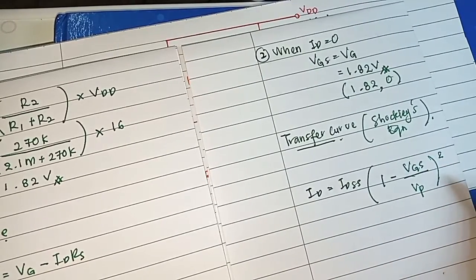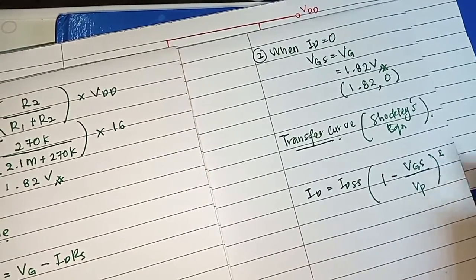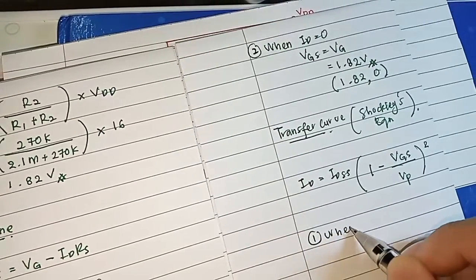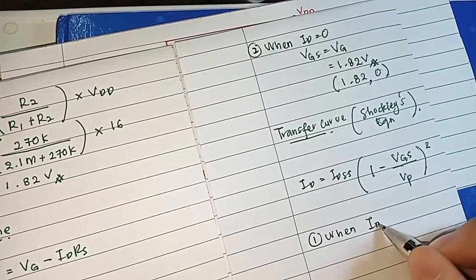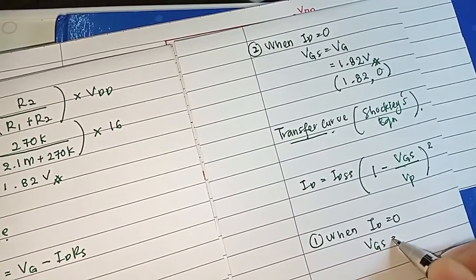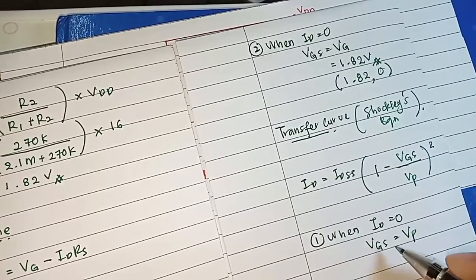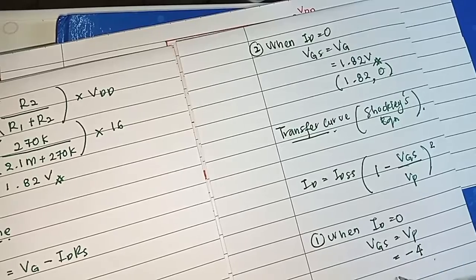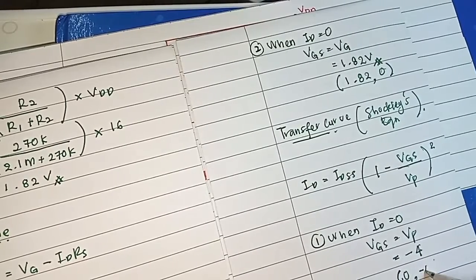So this is the Shockley equation. When ID equals 0, then VGS equals VP, which is negative 4. So the coordinate is 0, negative 4.